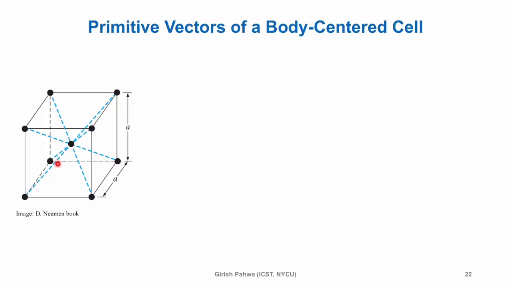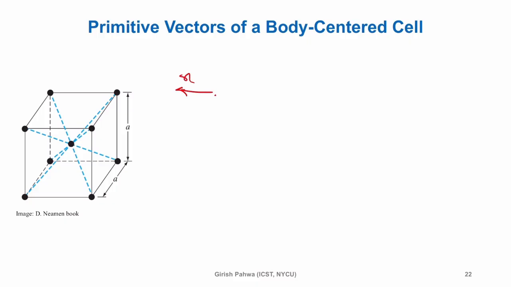Let's write down their positions. So assume that this is the origin. What will be this vector, and this vector? Can you calculate? Assume that this is x, this is y, this is z. What will be the position vector of this?